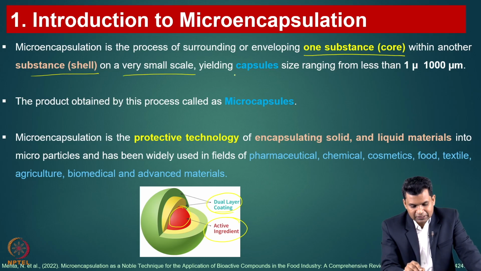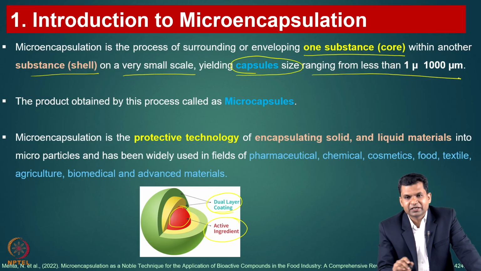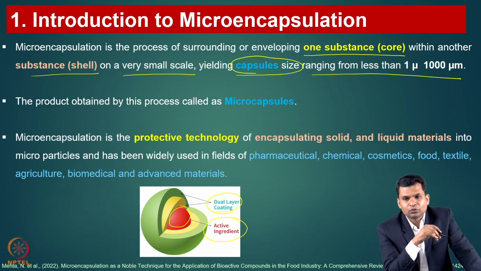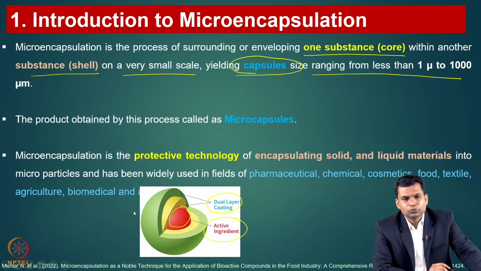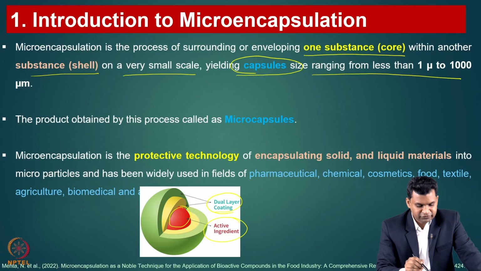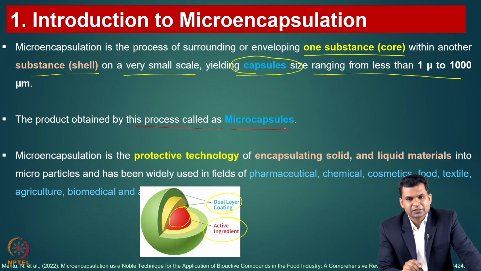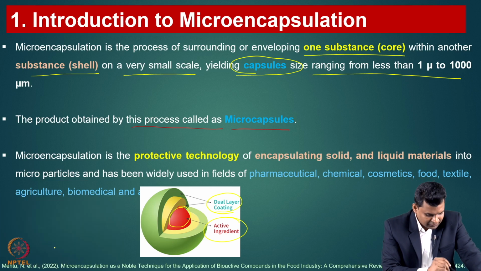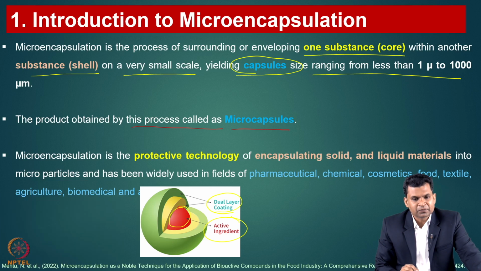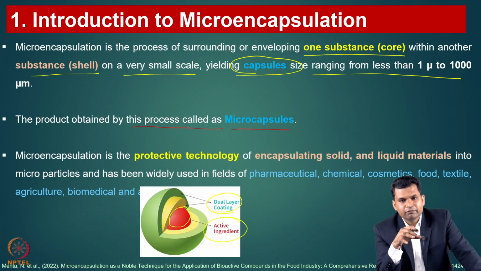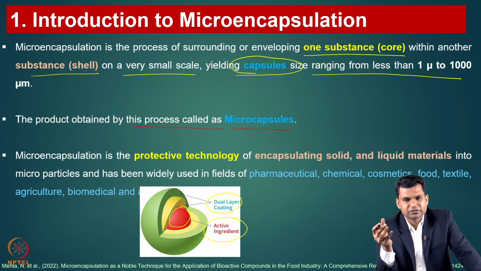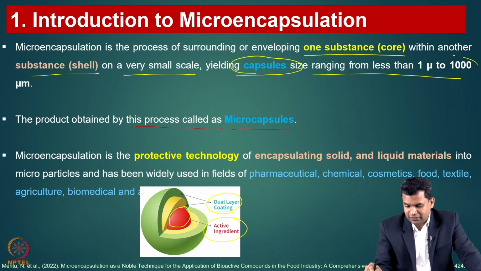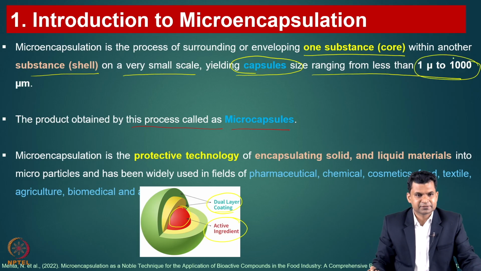The size ranges from 1 micron to 1000 micrometers. The product obtained by this process is called microcapsules. Here we can see the pictorial representation, where we get capsules in the micron size range.